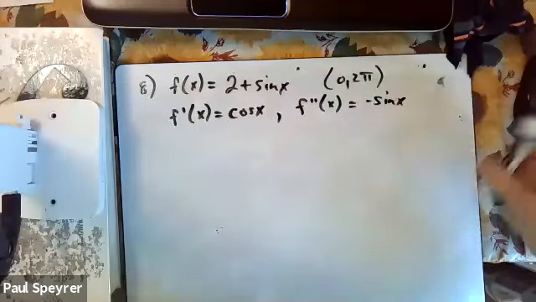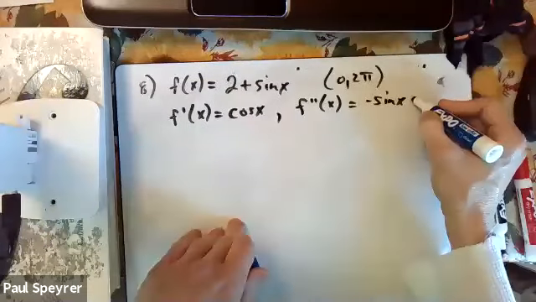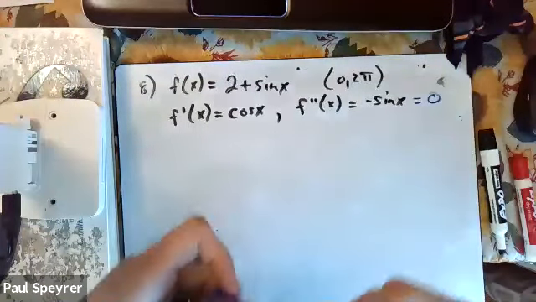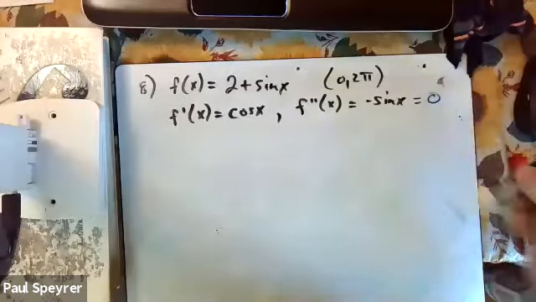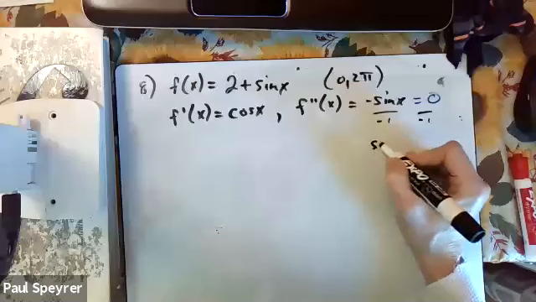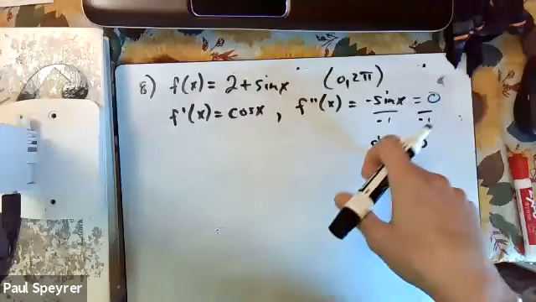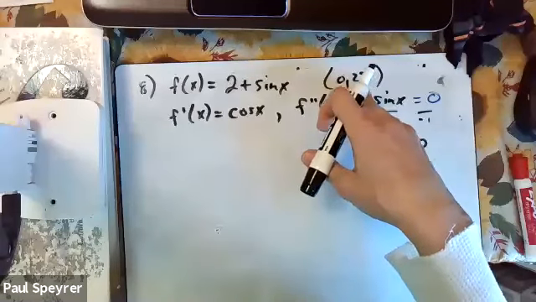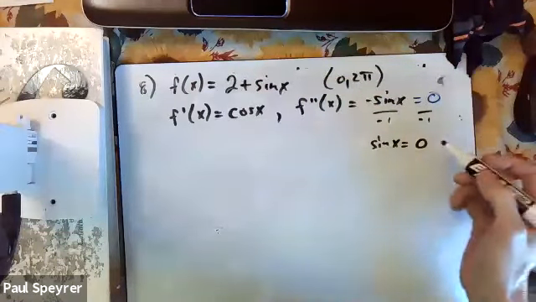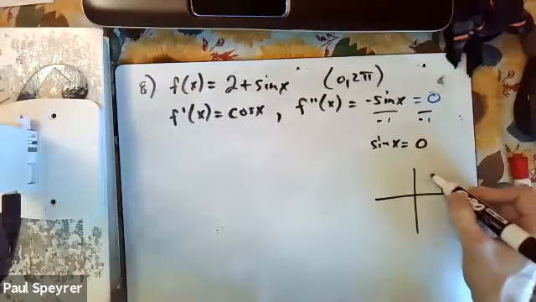So now we need to take that and set it to 0, right? So where does negative sine of x equal 0? Well, you can divide by -1 if you really want to, and then we have sine of x equals 0. Where does sine of x equal 0 within this domain restriction of 0 to 2 pi? Well, it comes back to the unit circle.